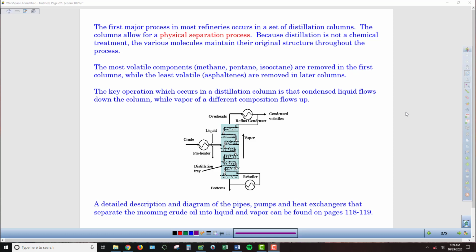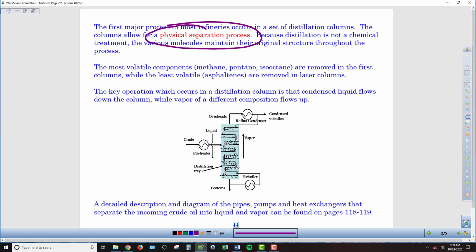Distillation of crude oil in a refinery happens in a series of columns. The first thing to understand is that it is a physical separation process. It is not a chemical reaction. That comes later in the process, but here we're just separating the various hydrocarbons physically, not chemically.